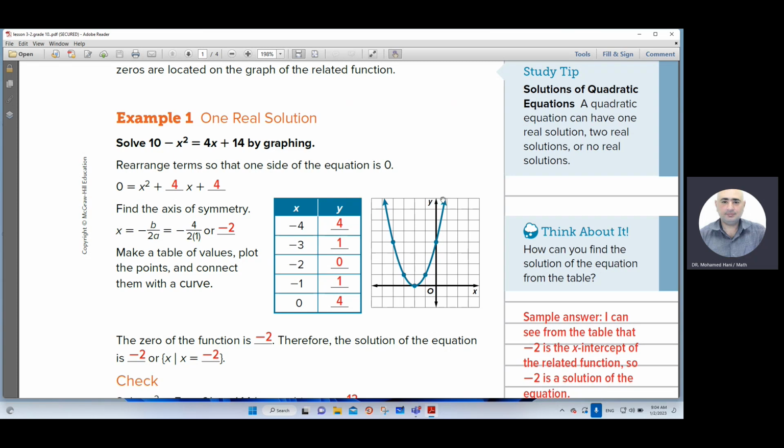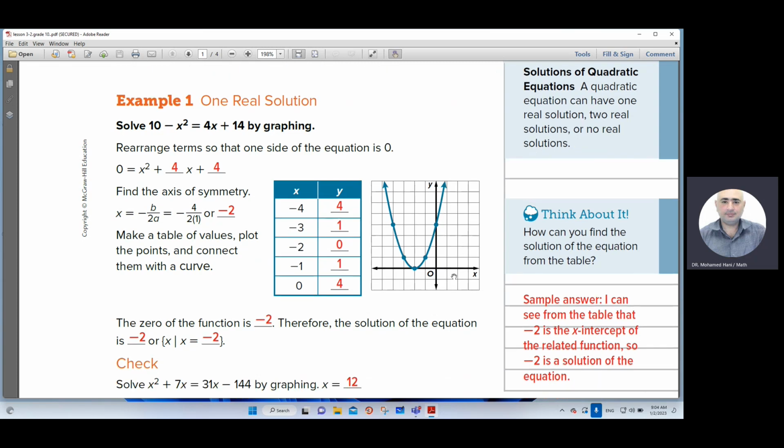Now, as you remember, the solution of any equation means the intersecting point between the graph of the function and the x-axis. Who can tell me here, what is the intersecting point between the graph of the function and the x-axis?